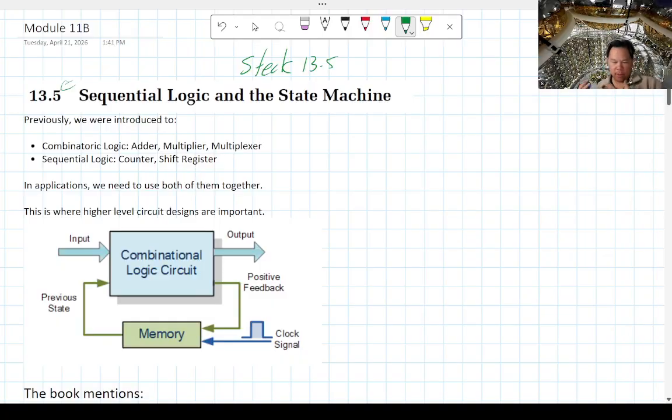It's going to talk about a little bit more of an overview of how you think about designing a circuit now that we have both combinatoric logic and sequential logic that can be meshed together and interact with each other, and how we can actually design a circuit around using both of these.